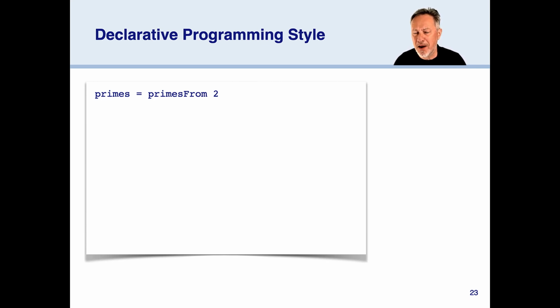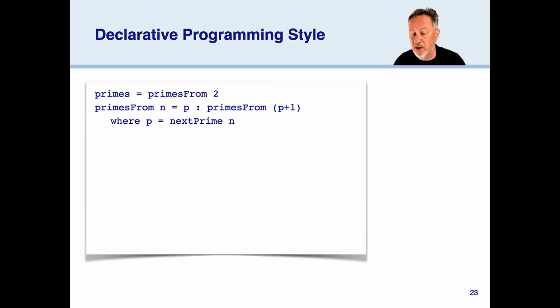It's a list of prime numbers starting from the prime number 2. Well, what are the primes starting from number n? Well, it's going to be a list starting with p, where p is a prime number, and followed by the primes from p plus 1. So p should be the next prime following n.